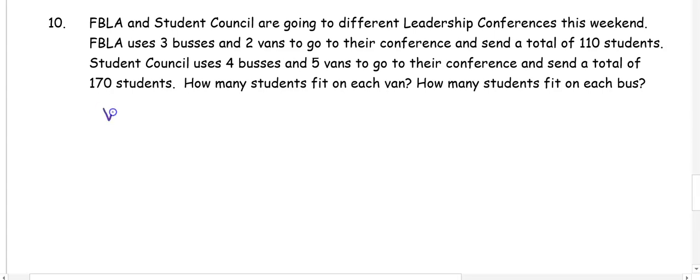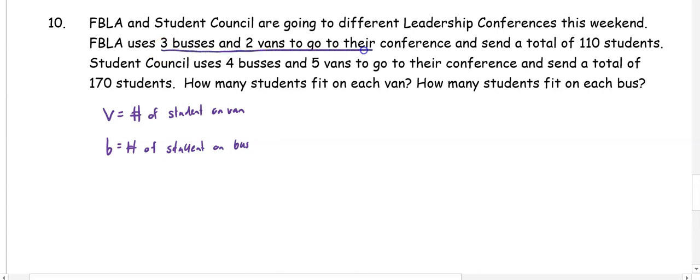So we have V for number of students on a van, and we have B for the number of students on a bus. So each sentence again is going to get its own equation.